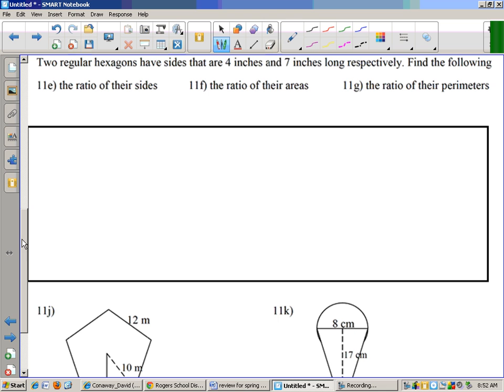Be the easiest. Okay, so 11E, the ratio of their sides. Well, the side of the first one over the side of the second is going to be equal to 4 inches over 7 inches, and inches over inches reduces, which we now correctly have a ratio because ratios don't have units. Rates have units, ratios don't.